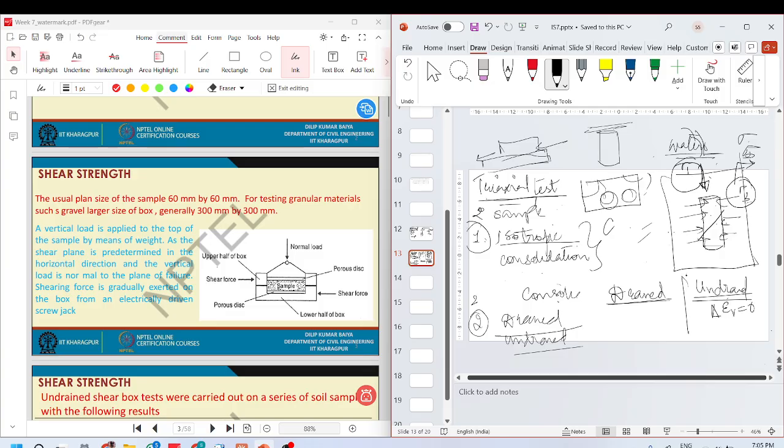You will not see any change in the height of the sample. You will only see changes in the effective stress through excess pore water pressure.